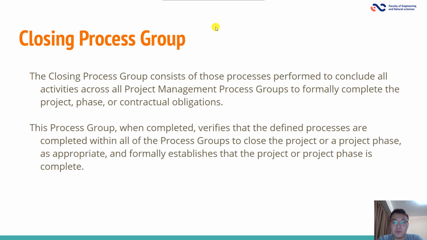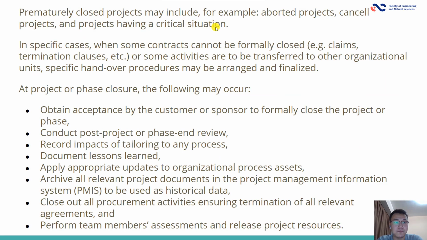management process groups to formally complete the project phase or contractual obligations. This process group, when completed, verifies that the defined processes are completed within all the process groups to close the project or project phase. As appropriate, it formally establishes that the project or project phase is complete.